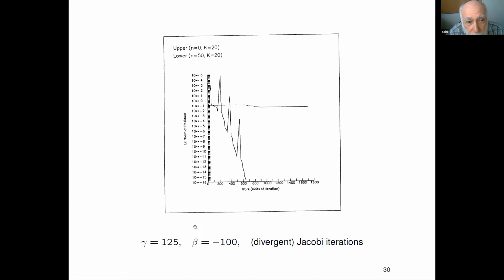This is divergent. You can see divergence here. These are the iterations that are diverging. Then we apply the reduced rank extrapolation, and they come down very quickly. Then they go up again because we're picking n vectors before we start the extrapolation procedure, and then they come down again like this. You can see that in about 600 iterations, it has come down 15 orders of magnitude.